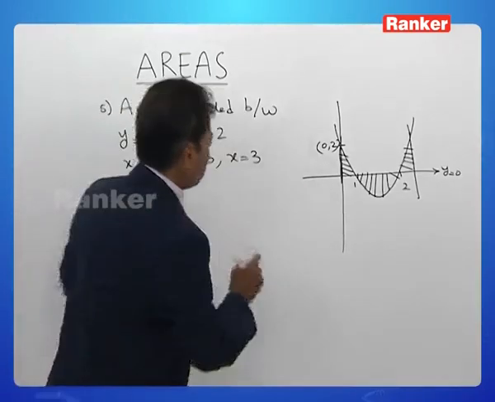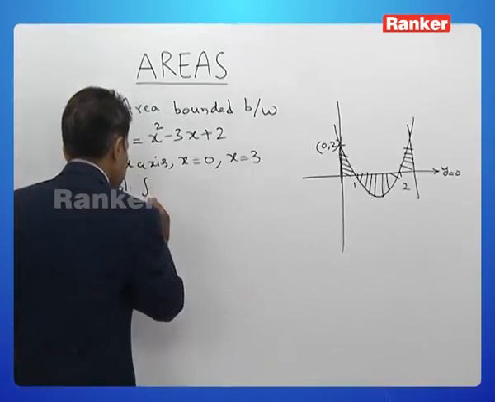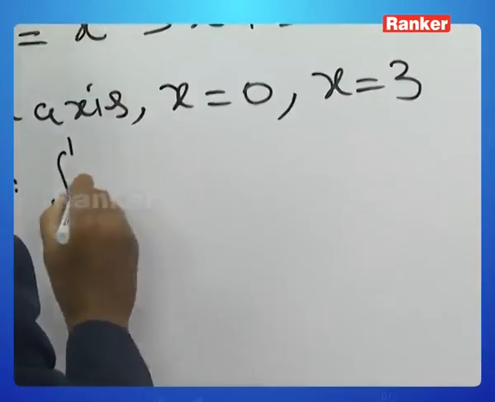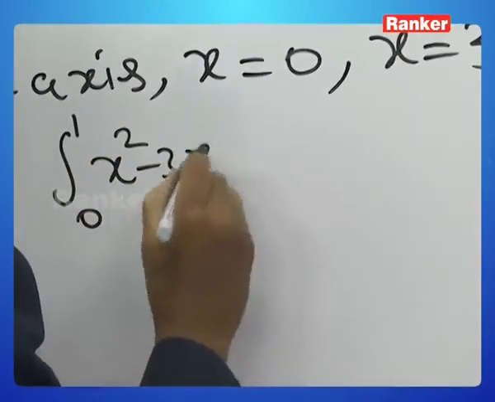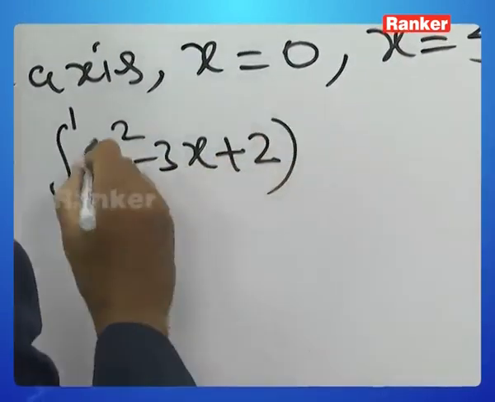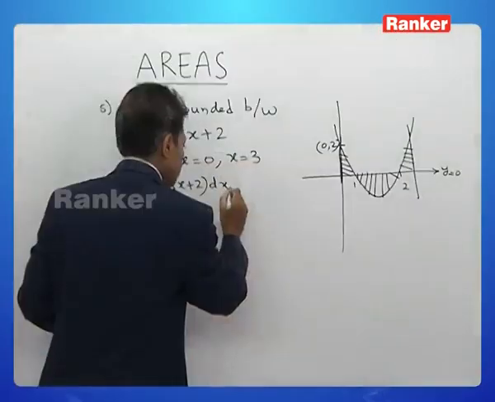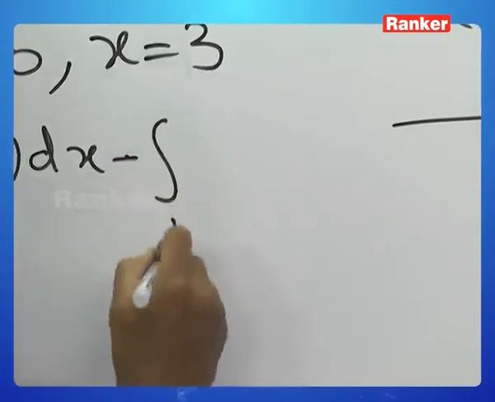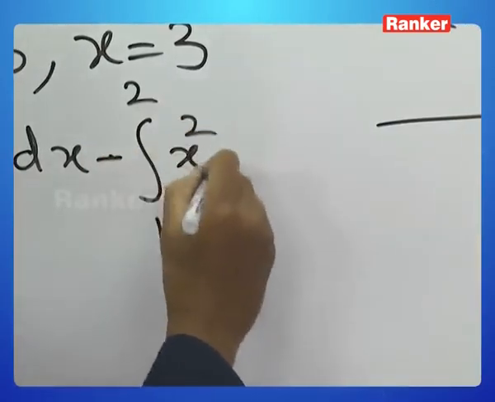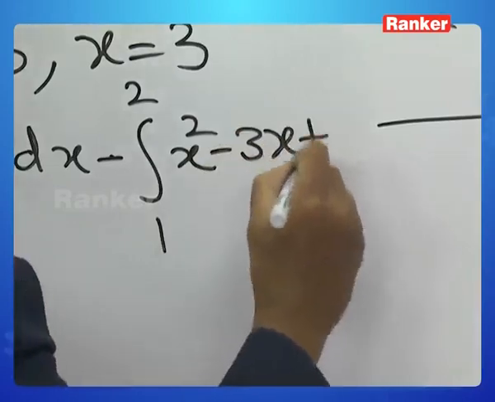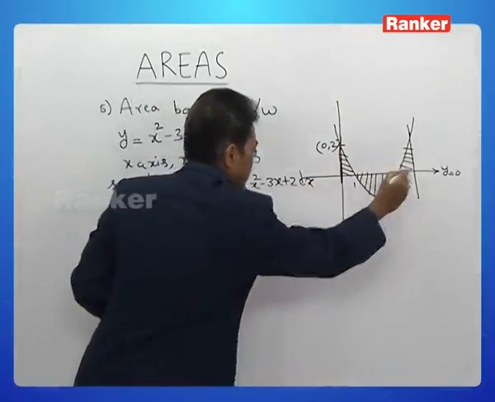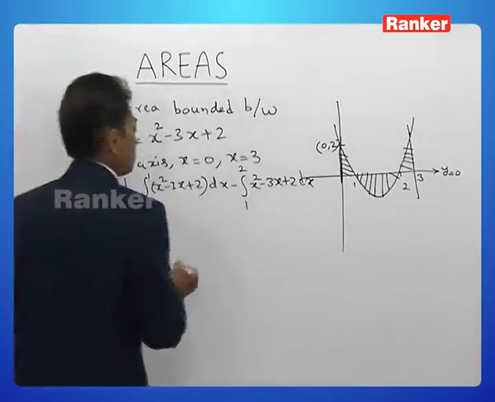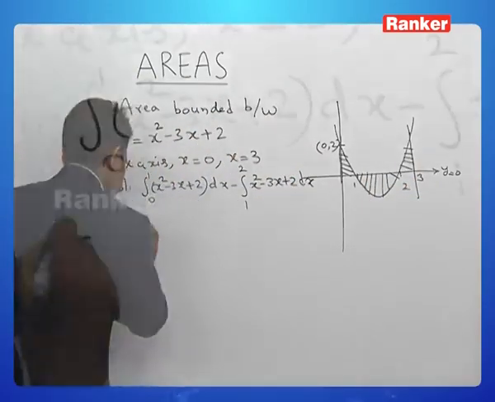So, integral 0 to 1, this is upwards. So, x square minus 3x plus 2. And which is downwards is opposite sign. And 2 to 3. So, this is again upwards.